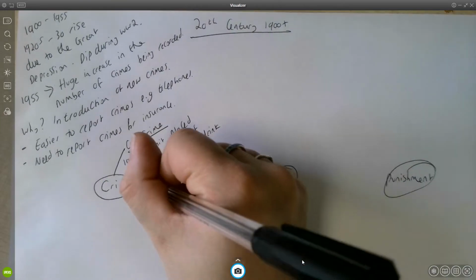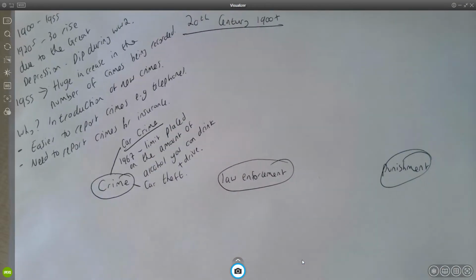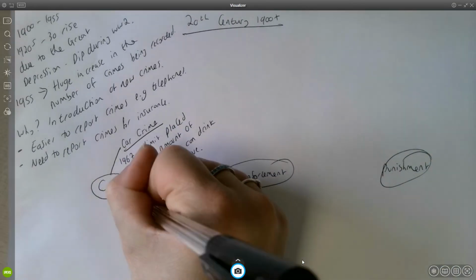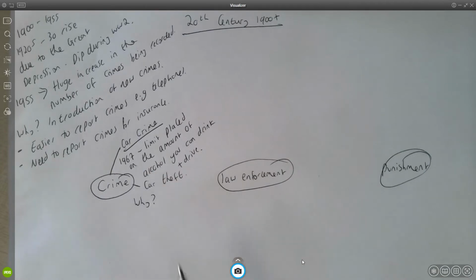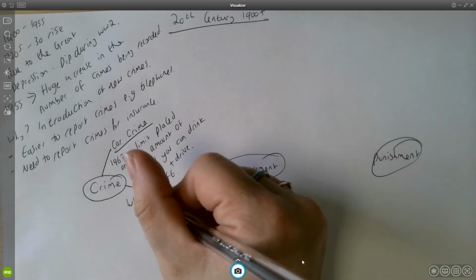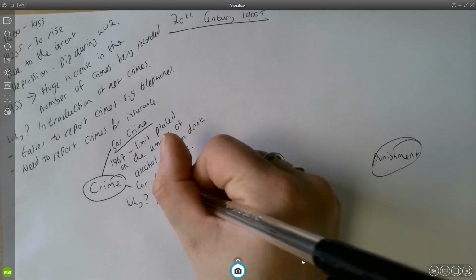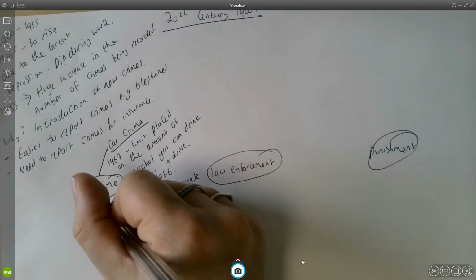There is also a rise in car theft. Why do we have the introduction of this limit? Why is there so much more car theft? It's simple. There is a huge increase in the number of cars on the road throughout the 1900s.